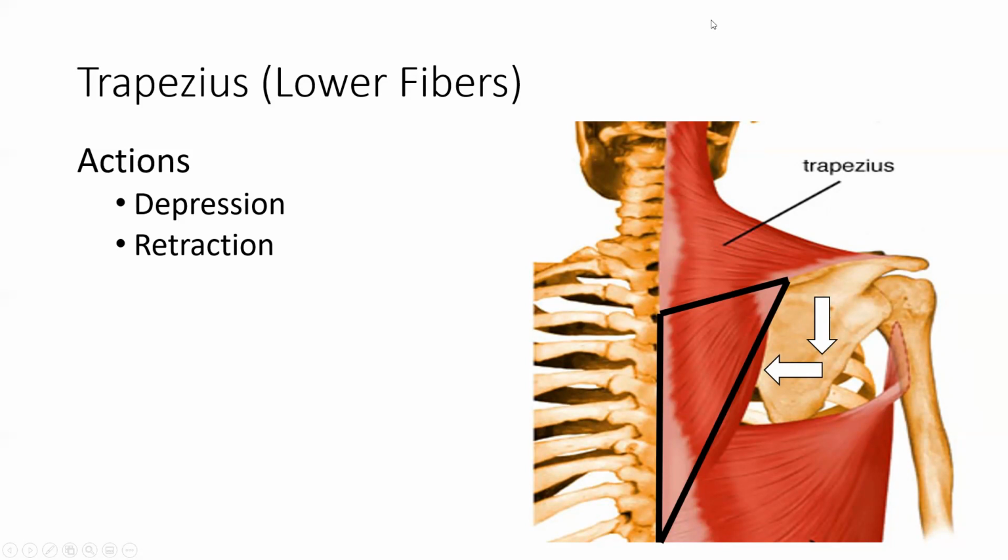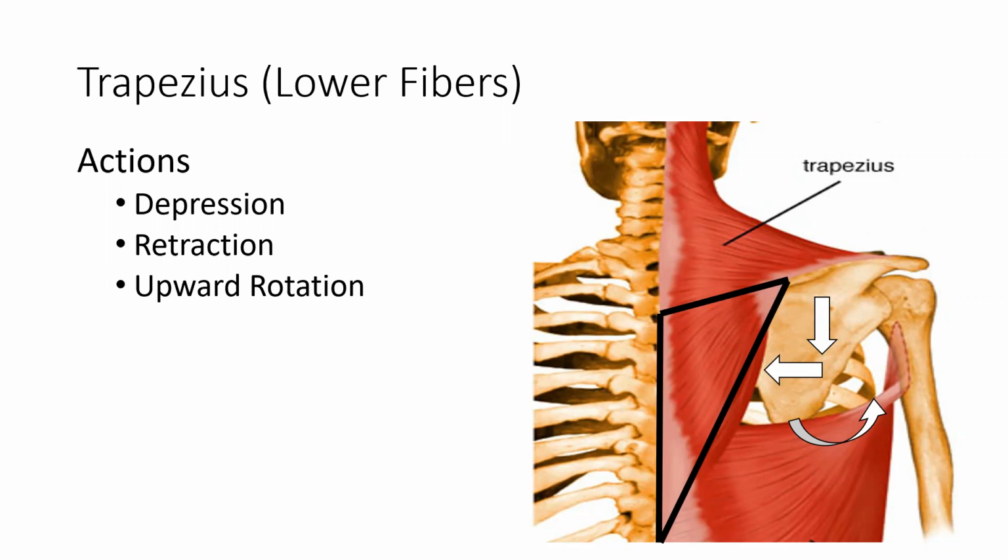And then lastly, we have upward rotation, so that superior insertion site will pull the spine of the scapula inferiorly, forcing the inferior angle of the scapula to rotate outwards, giving us upward rotation.